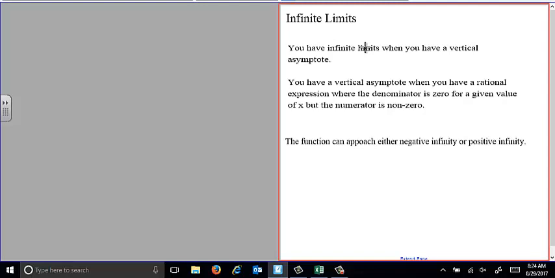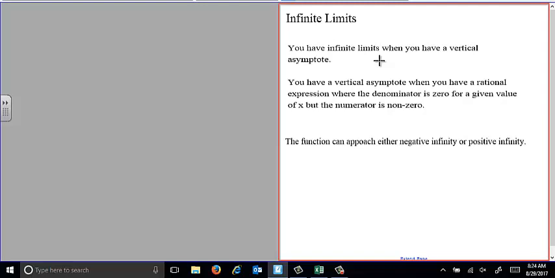So we're going to talk about infinite limits. They're basically the limits when you have a vertical asymptote. And you have a vertical asymptote when you have a rational expression where the denominator is 0 for a given value of x, but the numerator is non-zero.